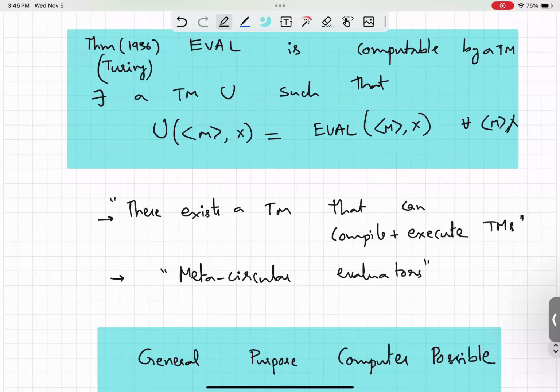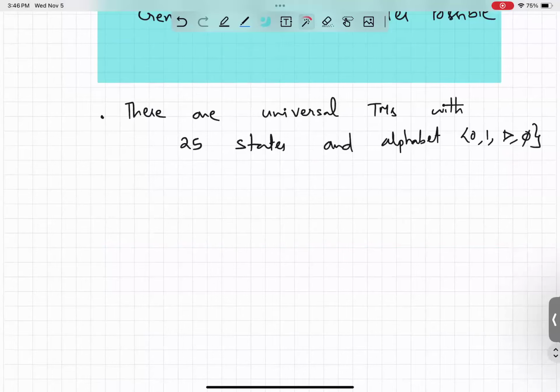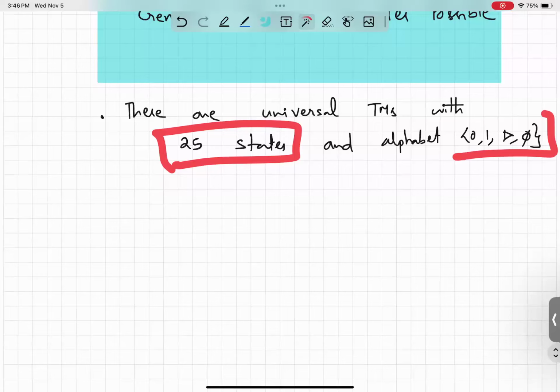Think about it. A Turing machine only does things very locally. Now, I have the transition table written in binary sitting on my tape and the input X written somewhere else, and I have to somehow mimic that Turing machine on my tape. It sounds impossible. But it is possible. In fact, it is possible with only 25 states and 4 symbols.